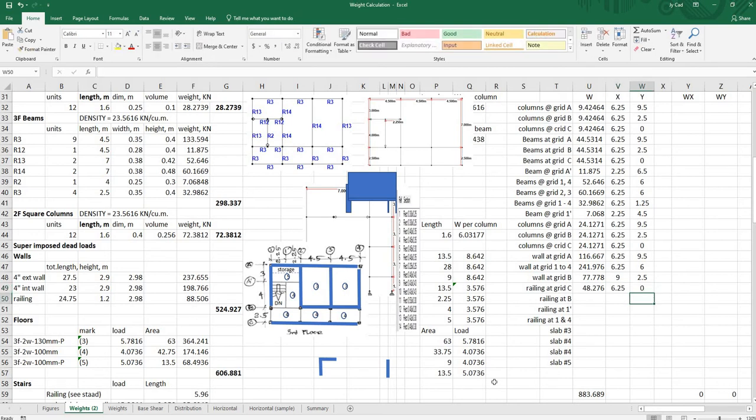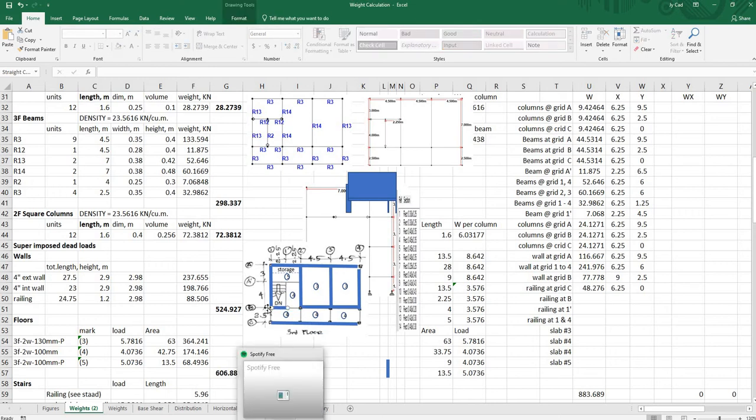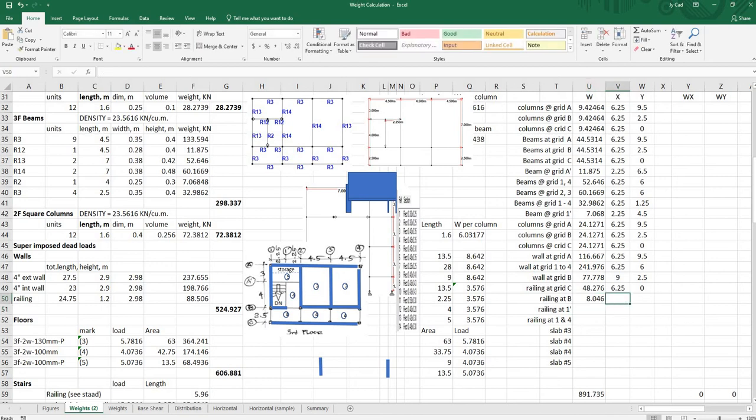Now at grid B, it is just this, and the length is 2.25 times 1.2 multiplied by 2.98. And then the x-coordinate would be 2.25 divided by 2, and the y-coordinate again is 2.5.